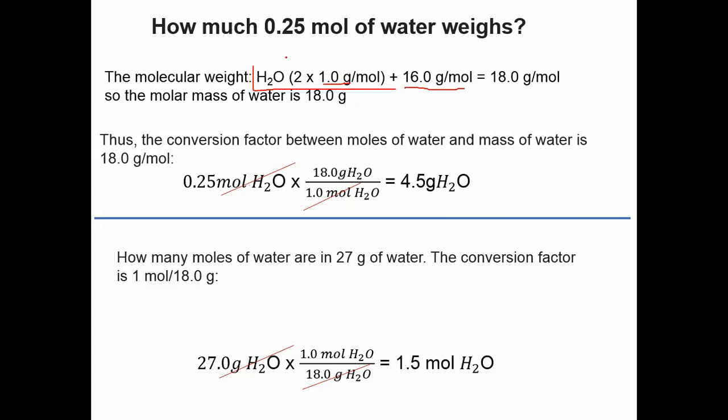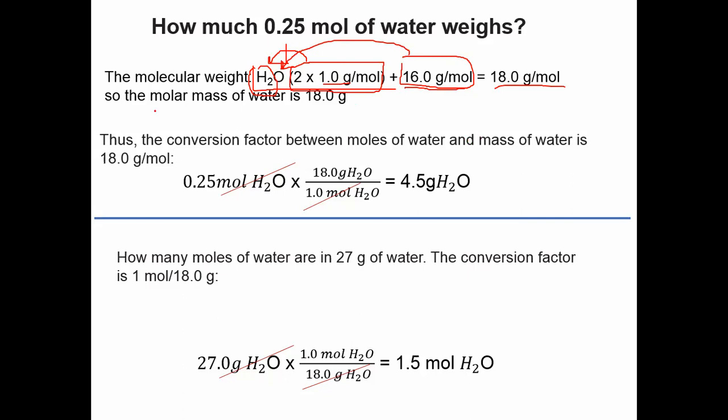I'll just remind you, this part is for hydrogen, and the other part is for oxygen. So this is how you find the molecular weight of water. Overall it turns out that this is 18.0 gram per mole.